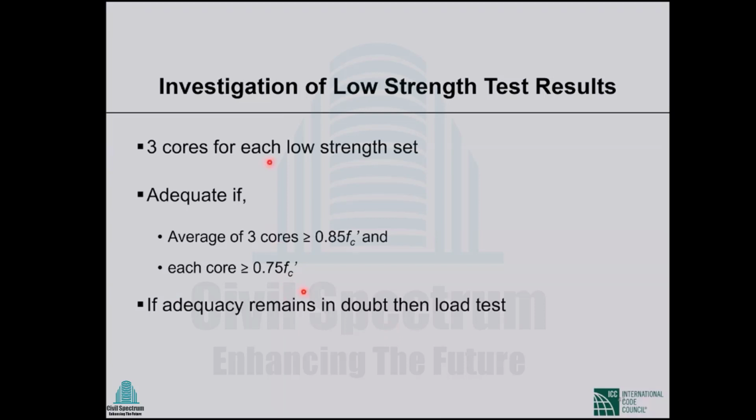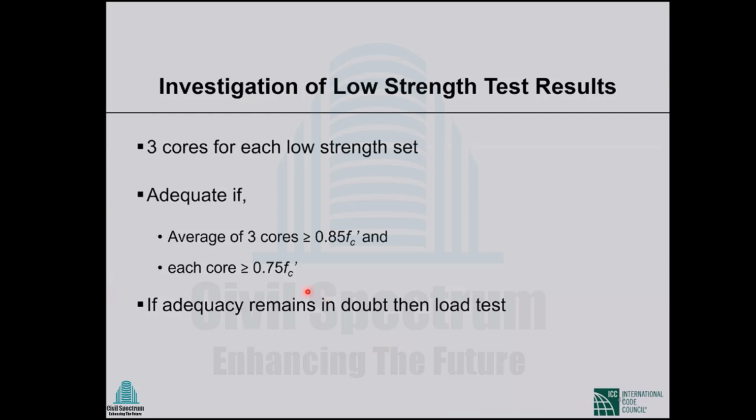Even after that, if the core samples also fail, don't go for demolition right away. You can do a load test. This is written in detail in the code, how to do the load test.